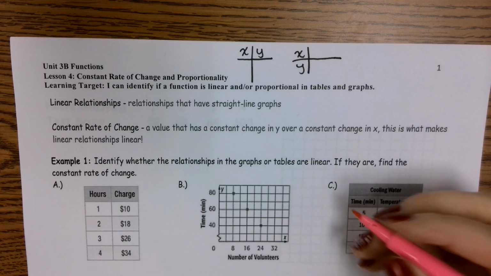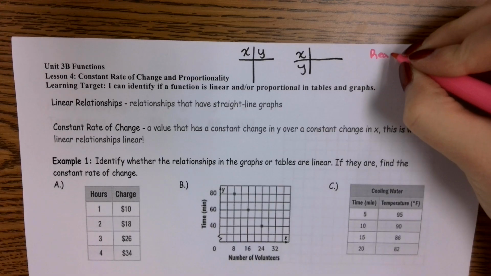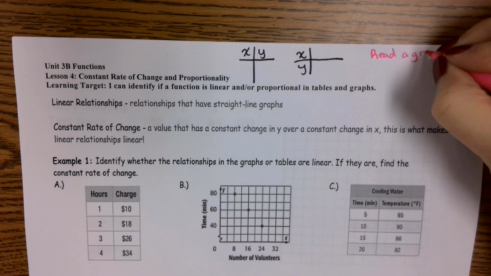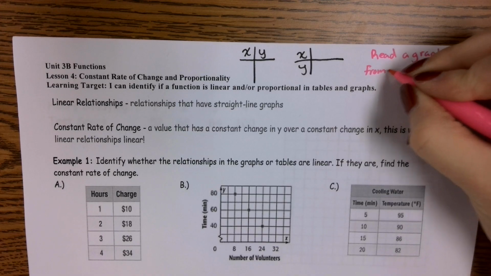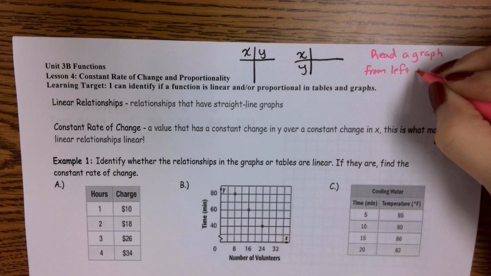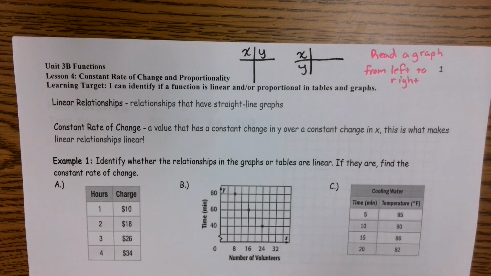And then when you're reading a graph, it's just like you're reading a book. You read the graph from left to right. Sometimes it might start at the top left, sometimes it might start at the bottom left.